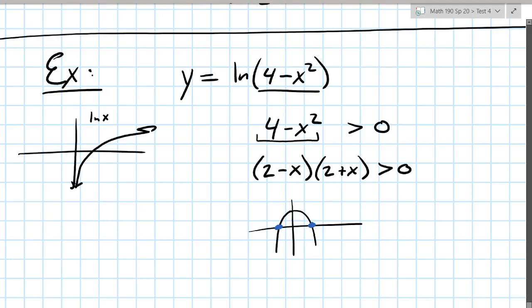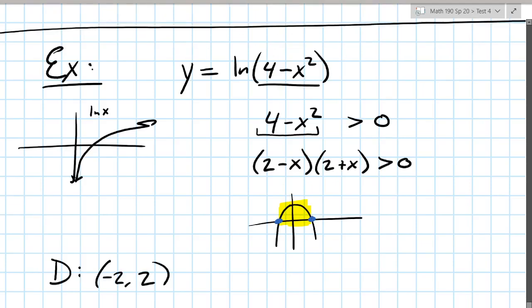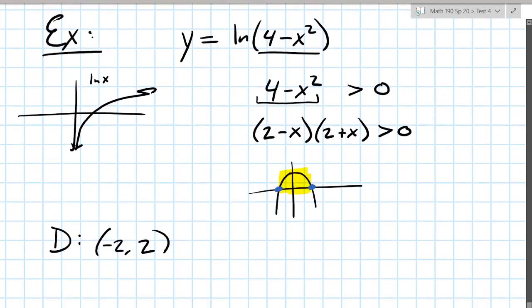So this graph opening down would be above the x-axis. The y's would be positive from -2 to +2. So the domain of this function is between -2 and +2. There's our domain.